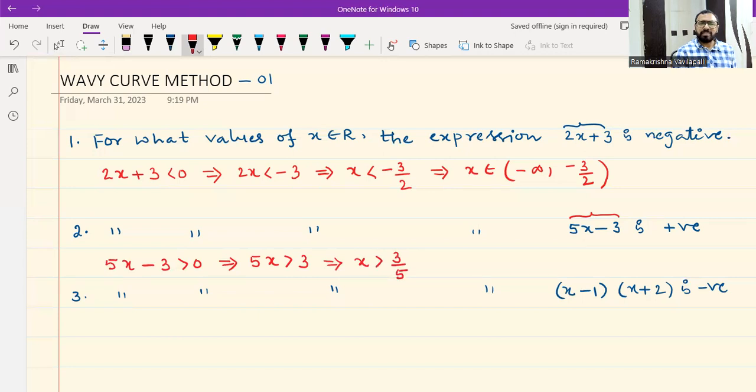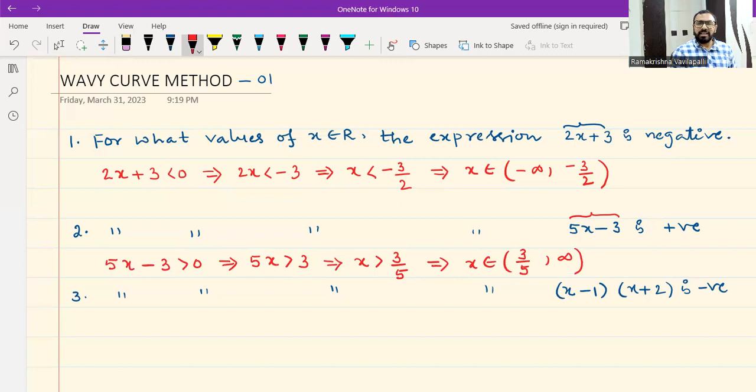So x takes values more than 3 by 5. If x takes values more than 3 by 5, then the expression 5x minus 3 is positive. So in interval form, we write x belongs to the open interval 3 by 5 to infinity.